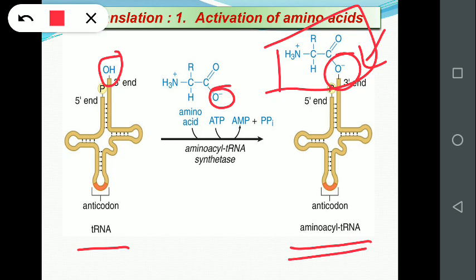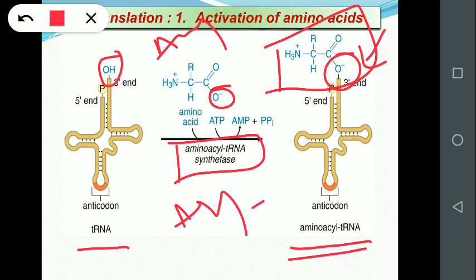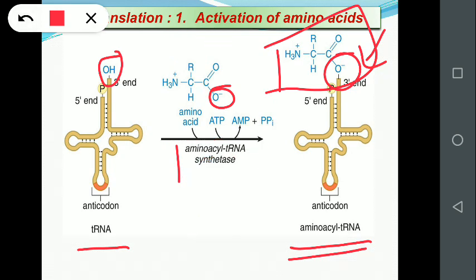So for this we require that specific aminoacyl tRNA synthetase. Suppose this amino acid is arginine, so then arginyl aminoacyl tRNA synthetase. If it is glycine, suppose, then it is called glycinyl aminoacyl tRNA synthetase.